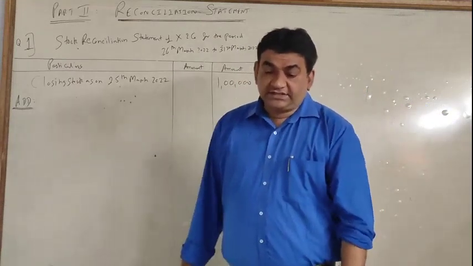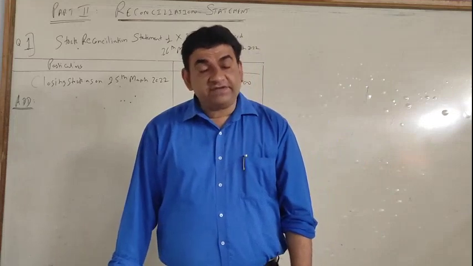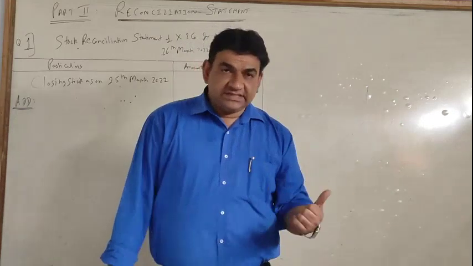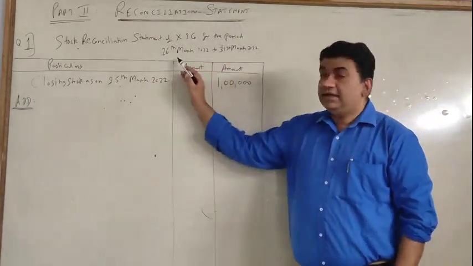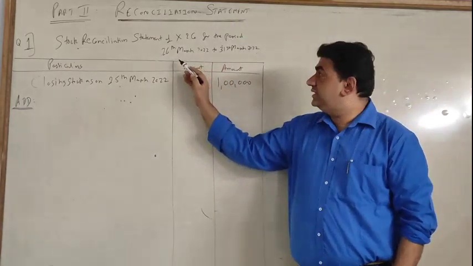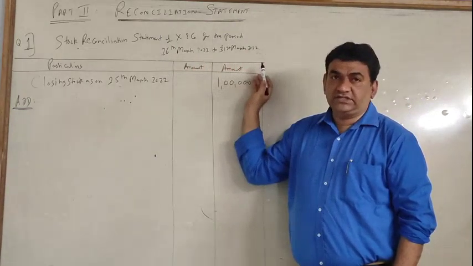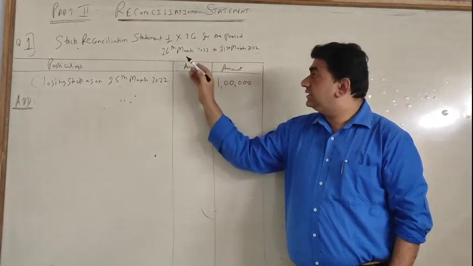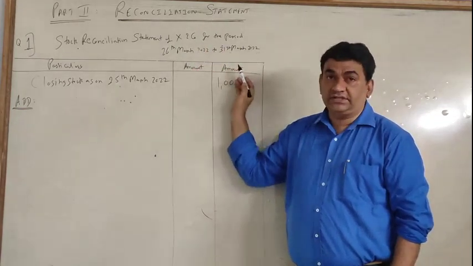See the second transaction. Purchases from 26 March to 31st March, 25,000. Now, I already discussed in the starting theory, again I am repeating. We are reconciling the transactions done from 26 March to 31st March.